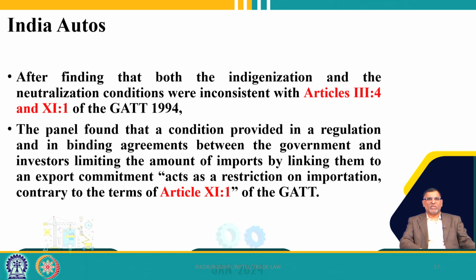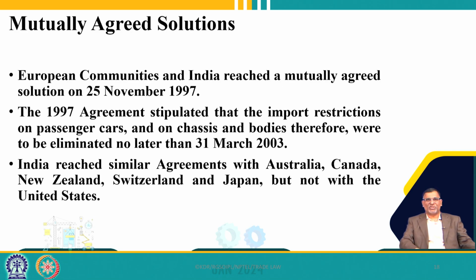The panel found that these have nothing to do with the balance of payment problems, and the Indian measures, the restrictions on importation, are contrary to Article 11(1) on quantitative restrictions and Article 3(4) on national treatment. So, you cannot take shelter under the old balance of payment problem of 1991, and you cannot blame the balance of payment problem which happened in 1991 for actions after 6 or 7 years.